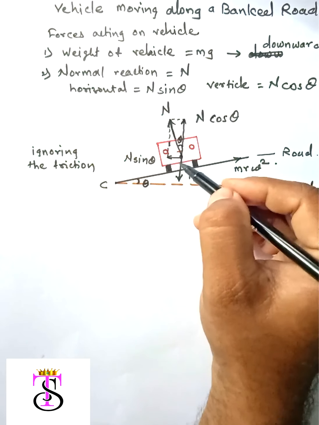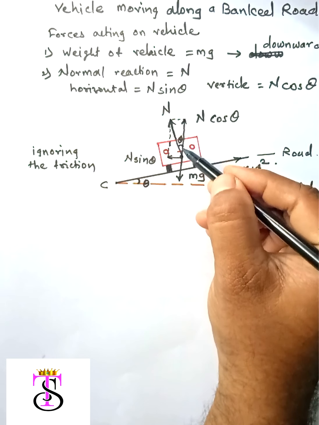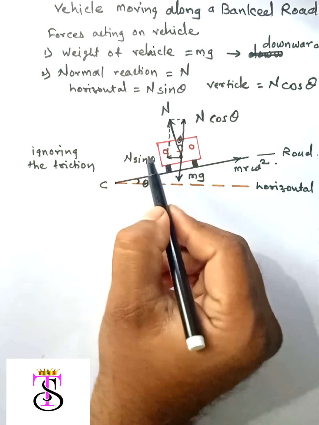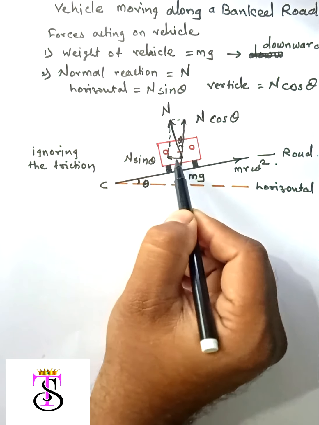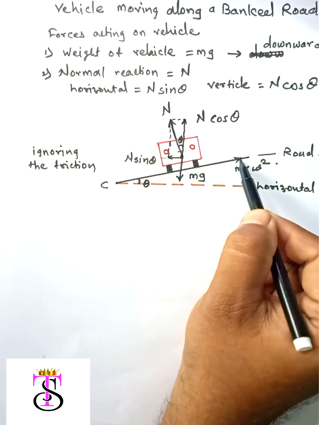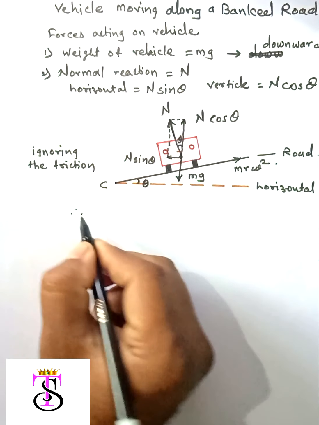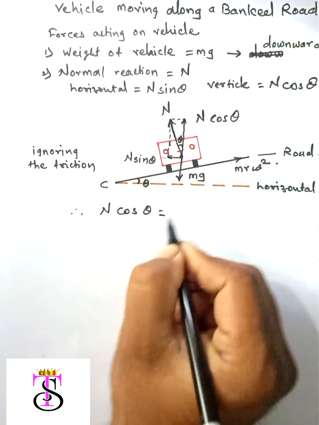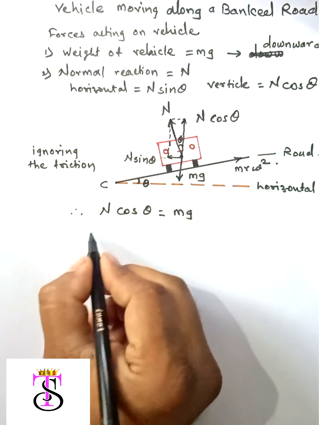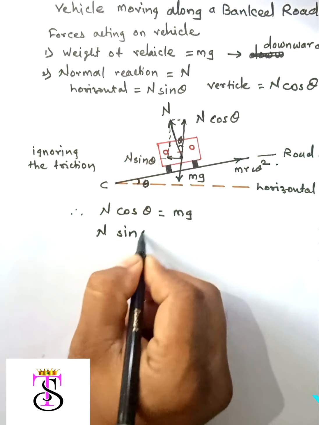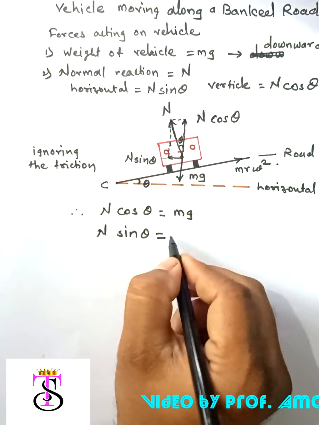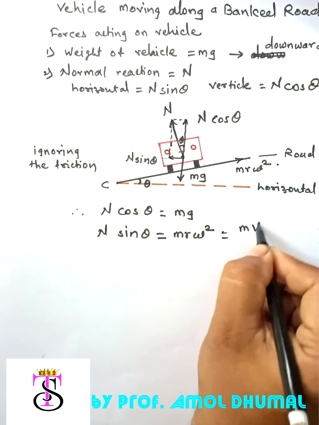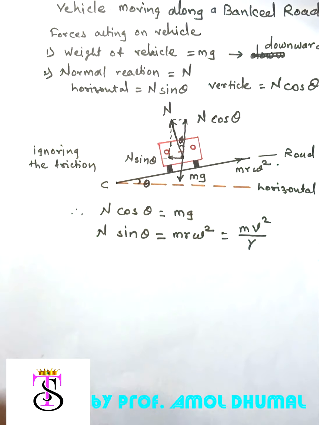Now see, the vertical component of the reaction balances the weight of the vehicle, and this horizontal component of reaction balances the centrifugal force of the vehicle. So we can write n cos theta is equal to mg and n sin theta is equal to m r omega square, which can be written as m v square by r.